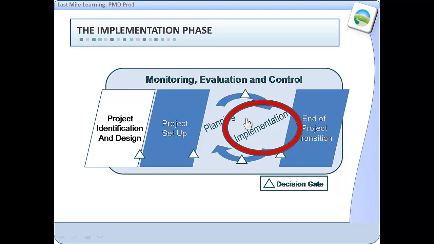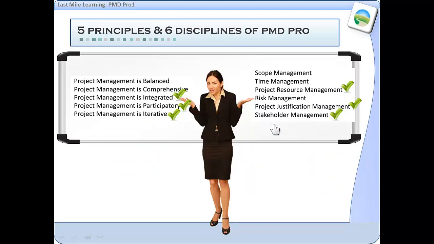In a lot of the training and processes for design, monitoring and evaluation, and within the NGO international development community, this is the one that receives the least attention. So I hope that you're seeing the importance of what we're doing. Again, a reminder that you be sure and notice the 5 principles and the 6 disciplines, and today we'll be touching on the ones that are ticked in the green.